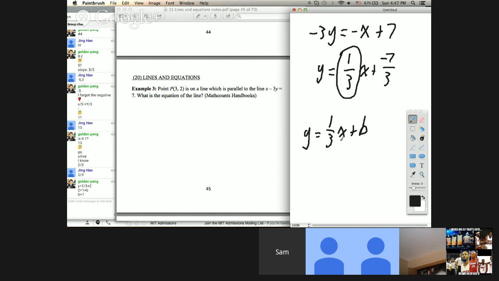Right, so b equals 1 in the end, because you plug in 1/3 times 3 plus b, then you solve for b, and b equals 1.